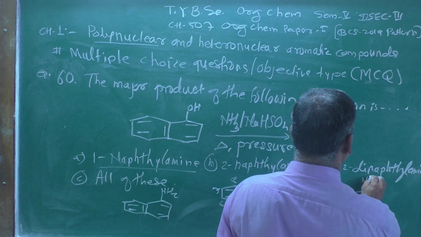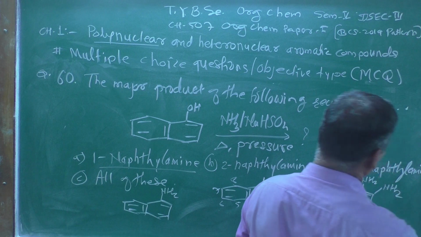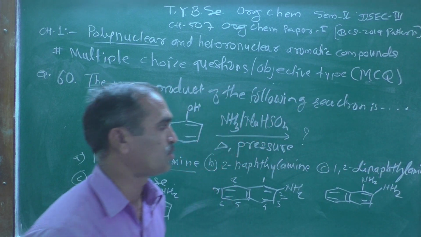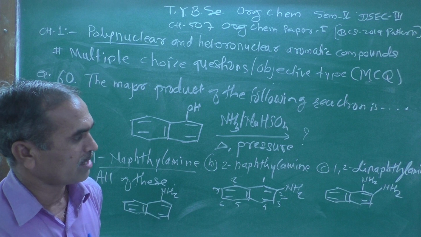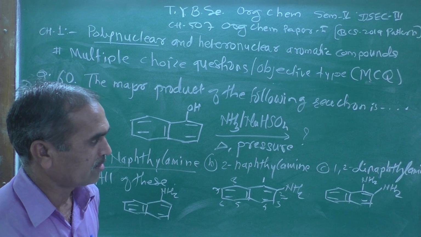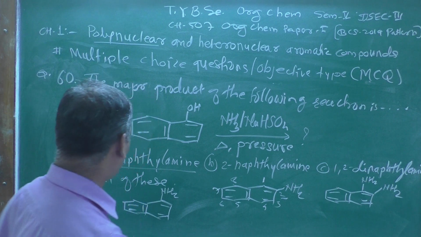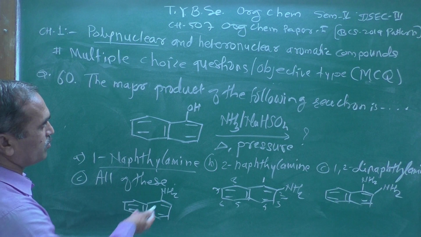Here an NH2 group is present at 1 position as well as an NH2 group at 2 position. Both are there, therefore we can represent it by 1,2-diaminonaphthalene. And all of these, what do you think?